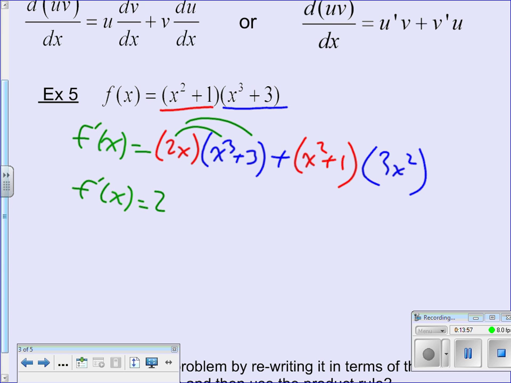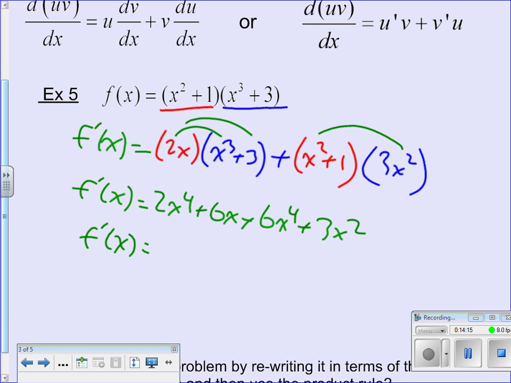2x, so we get 2x to the 4th plus 6x plus 6x to the 4th plus 3x squared. So f prime of x equals 8x to the 4th, right? Yeah.